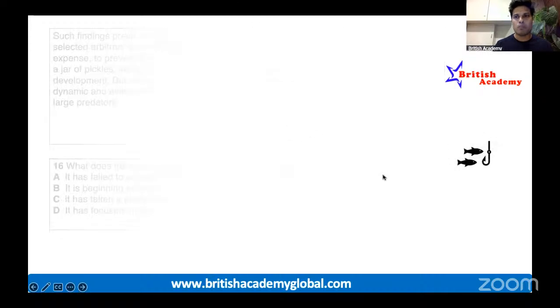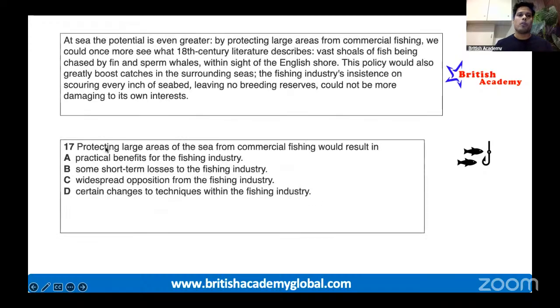Let's try to do one more MCQs, guys. Now, protecting large areas of the sea from commercial fishing would result in. So, obviously, it's a good thing that they are planning to protect the large areas of sea from commercial fishing. And what would it lead to? Now, here, if we read it this time together, at sea, the potential is even greater.